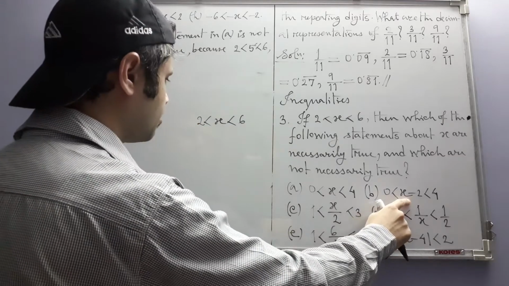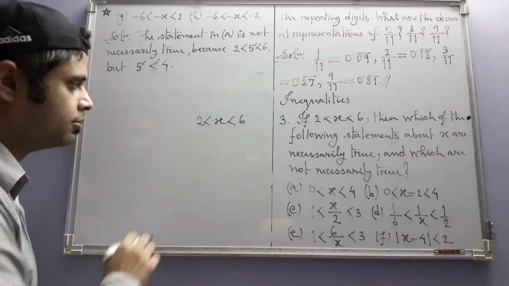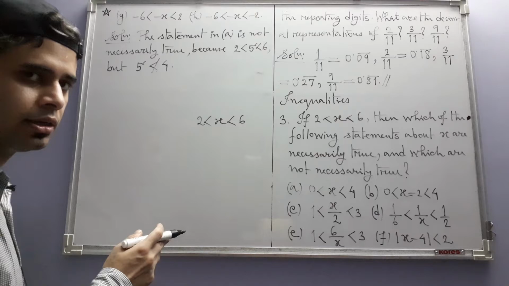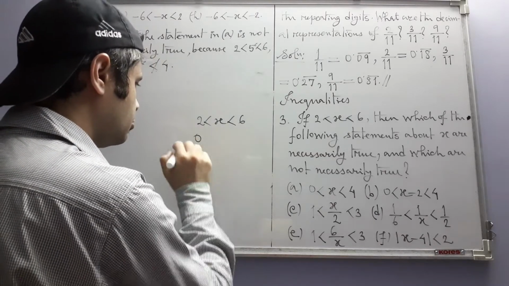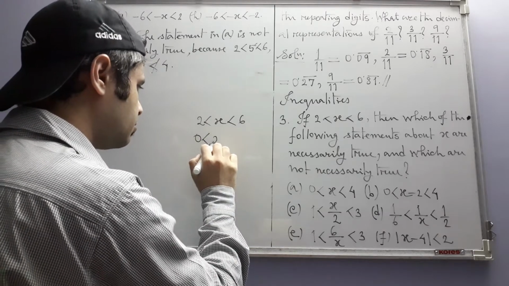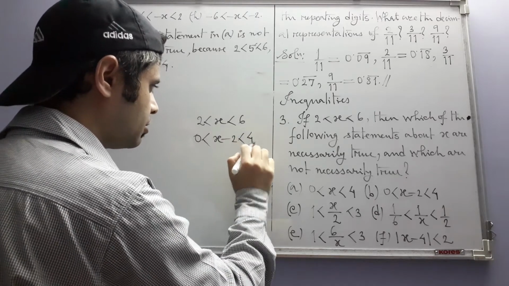To derive this one, you subtract 2 throughout, which we can do. The rules for manipulating inequalities allow us to do so. Doing that gives us, on this side, 0, here x minus 2, and 6 minus 2 is 4.